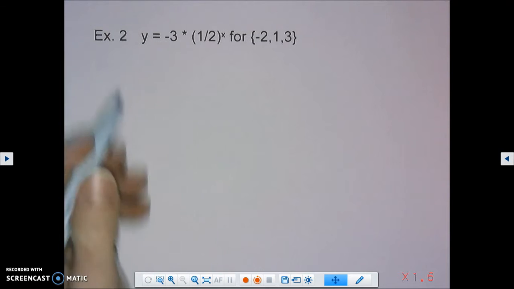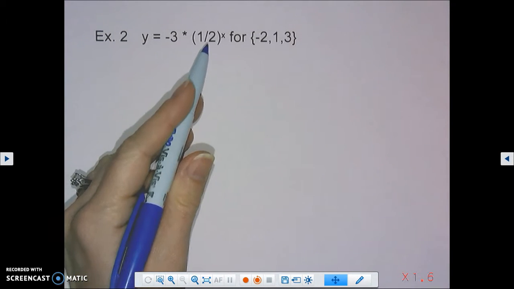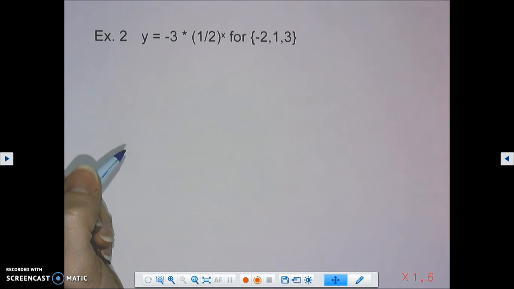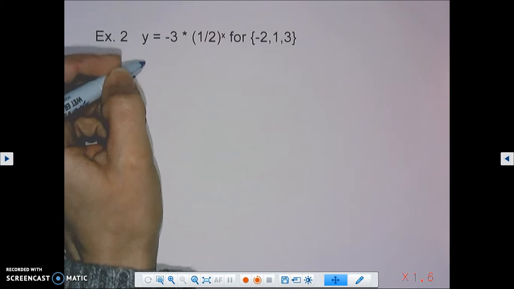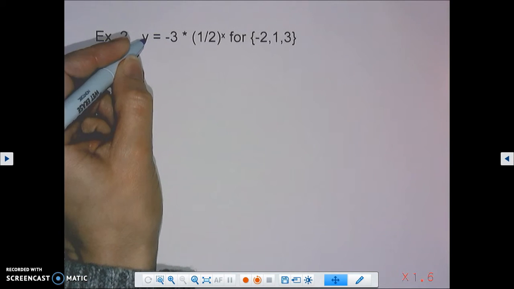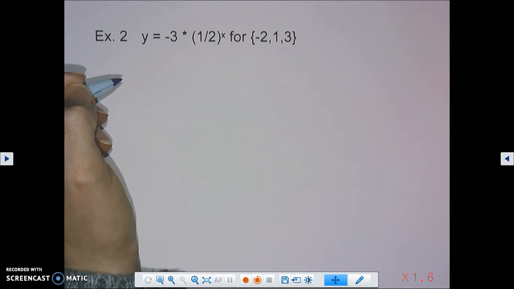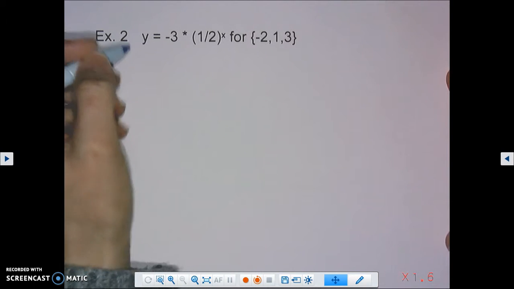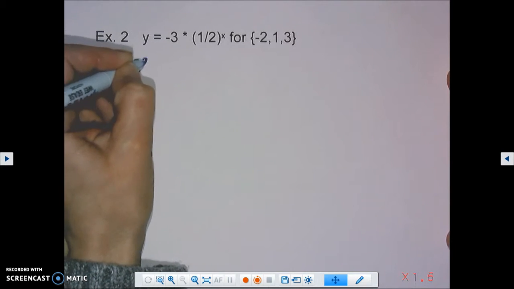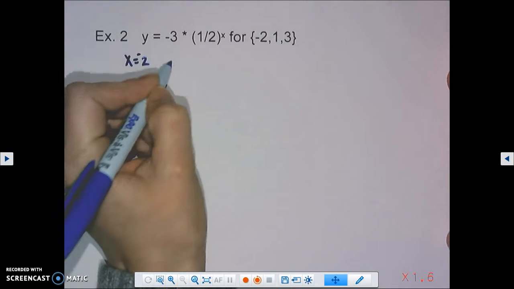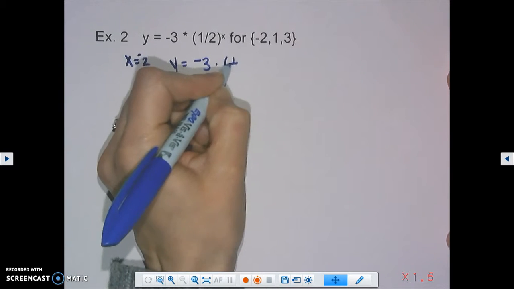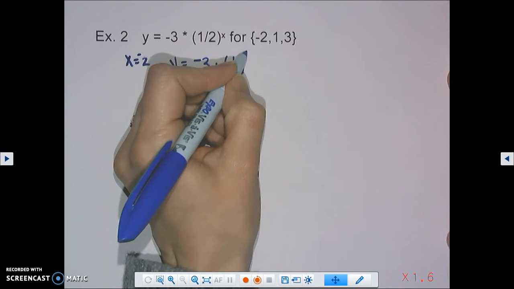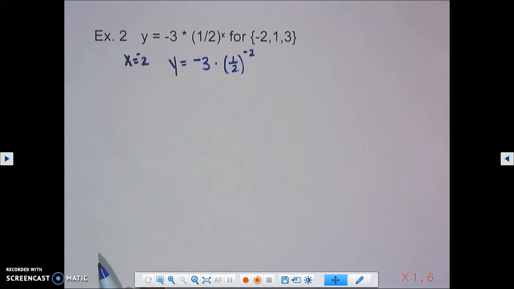Alright, so let's look at this one. We have y equals -3 times 1/2 to the x power. We're evaluating that for just 3 values here: -2, +1, and +3. You could also write this as f of x equals, remember that. So if we're plugging in x equals -2, we have y equals -3 times 1/2 to the -2nd power.